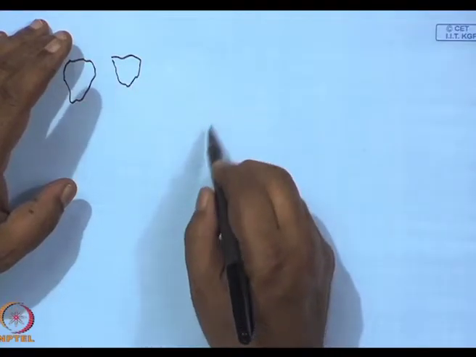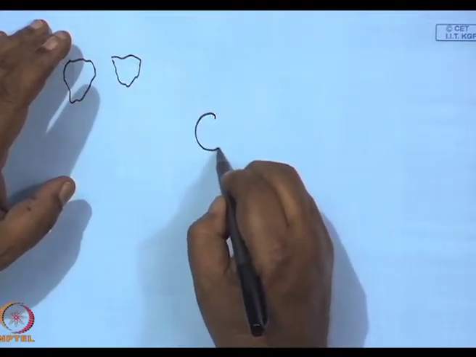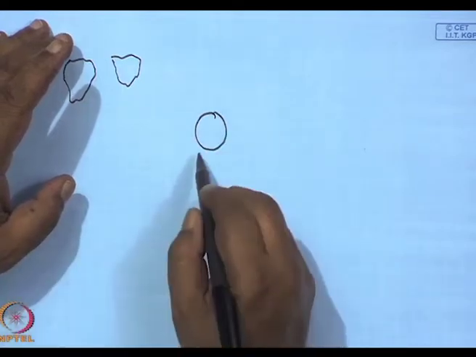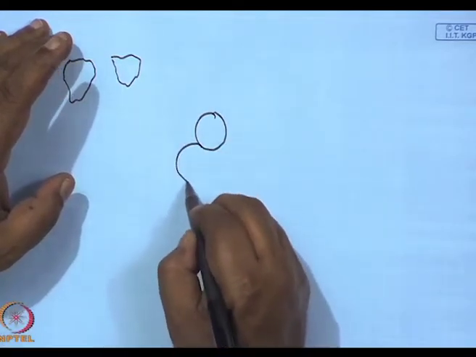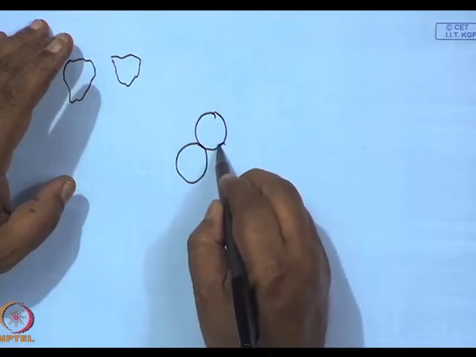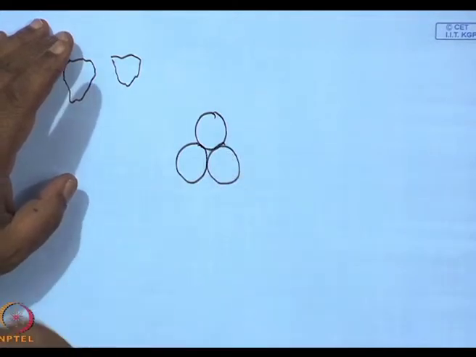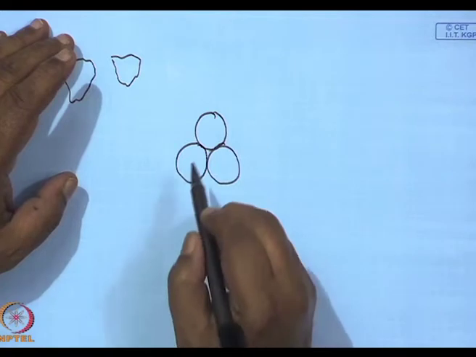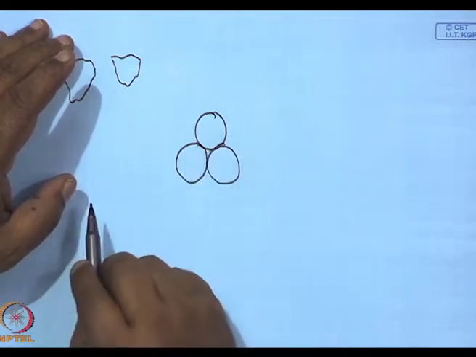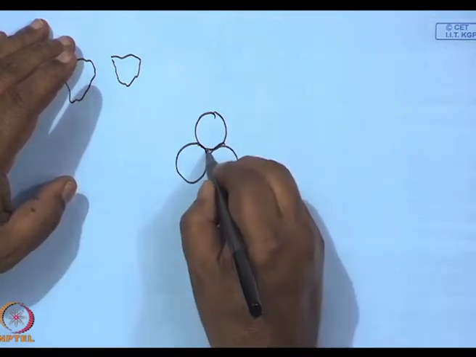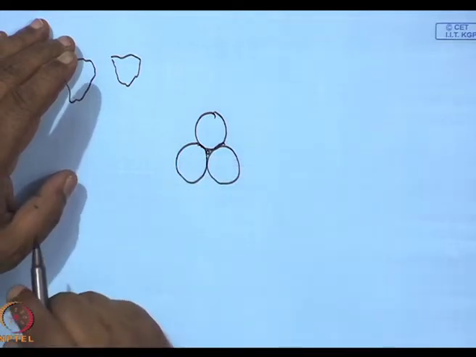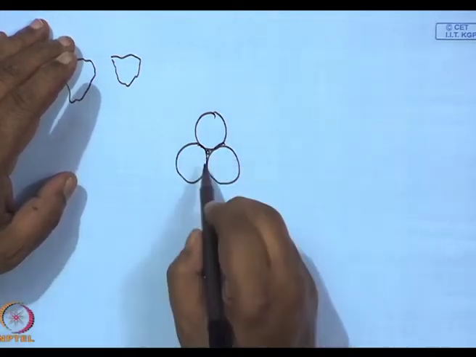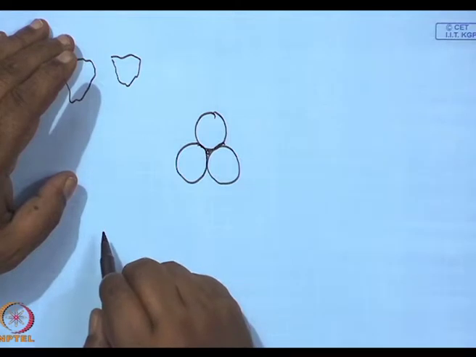Let us say, as an example, let us start filling up. Say we have got ceramic grains of this diameter. Here is a hole. So, let me try to fill it up with a smaller one. Yet there are more holes.